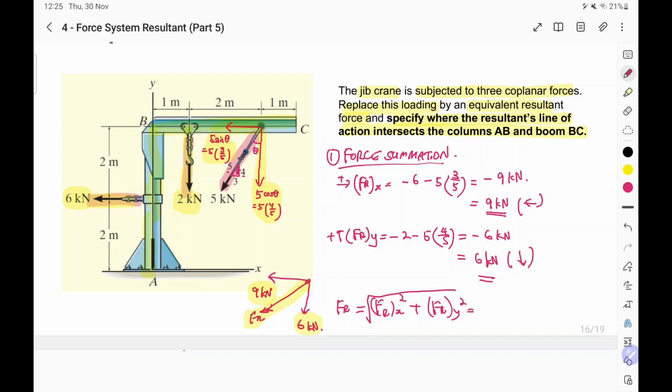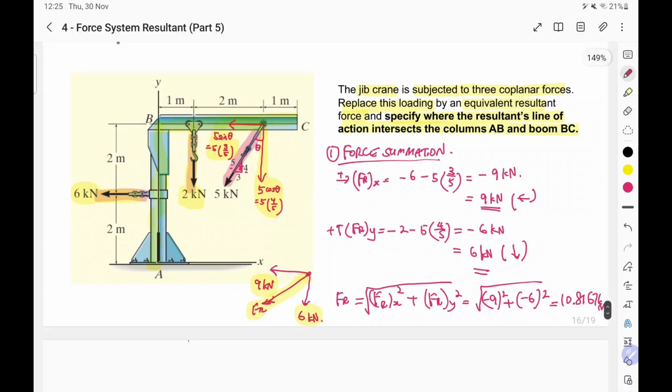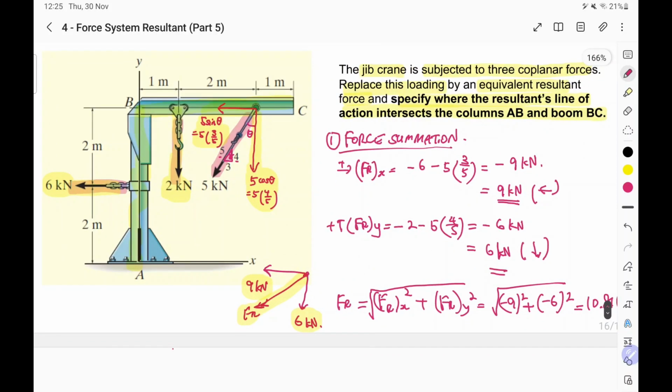So over here the magnitude is negative 9. If squared it will lose its negative, plus the magnitude in y is negative 6 squared, square root everything. So you will get the magnitude of your resultant force to be 10.8167 kilonewton. Okay, sorry it doesn't fit, so I squashed up everything over here.